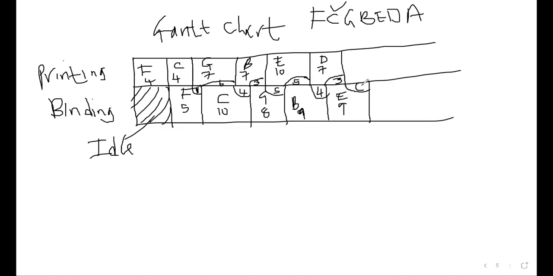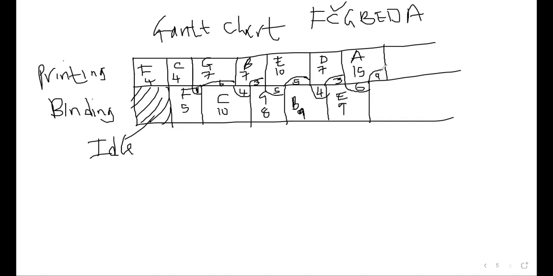By the time they're finishing binding E, the people in the department for printing would have started printing A. So A is taking 15, meaning that this is taking about 9 hours longer.